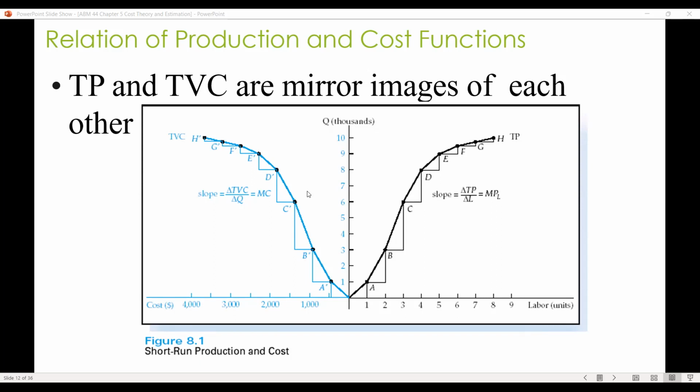Quantity is to cost, so it is also diminishing. Sometimes the variable costs are marginal costs, so you have diminishing marginal cost. As you can see here, the production function and cost function are the same.